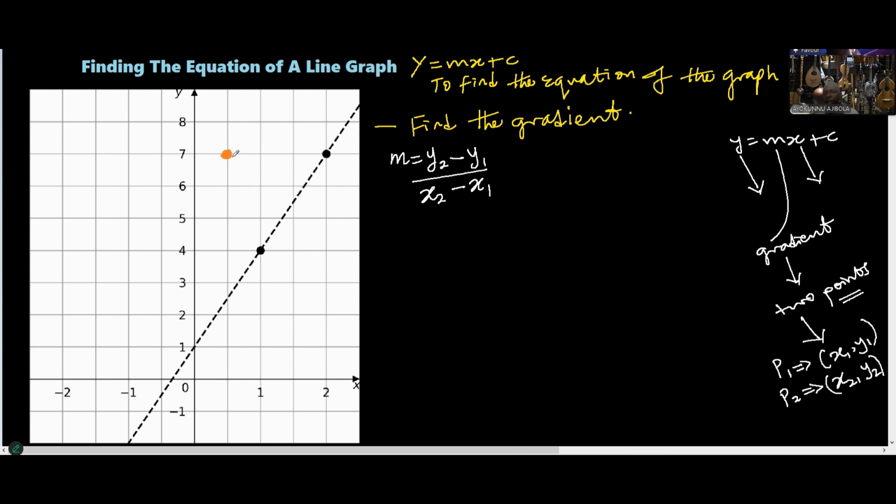But the point I have chosen here, is it on the line of the graph? No. So we can't use that point for our gradient. So the points we can use will be on this particular line. That is the first thing to take note of.